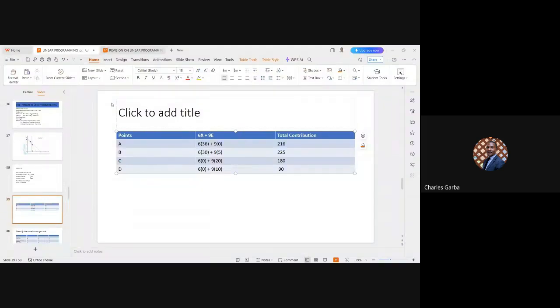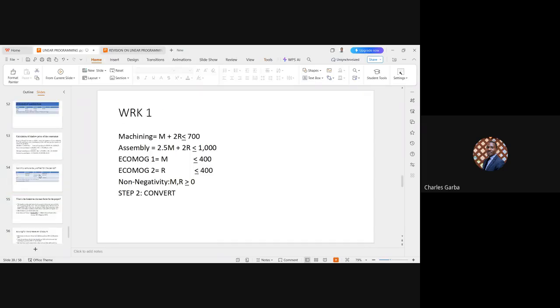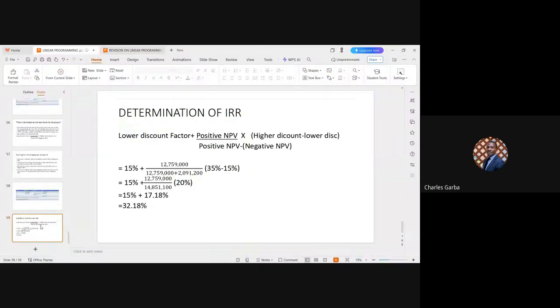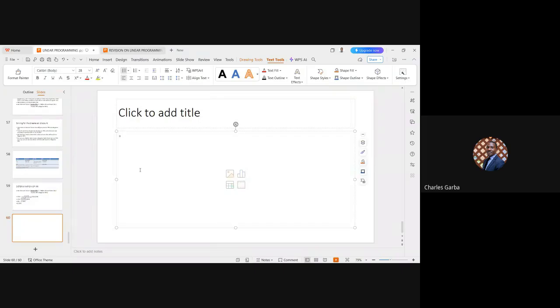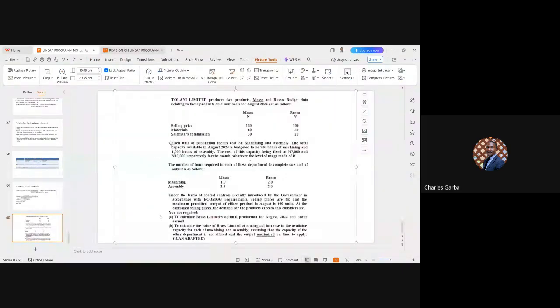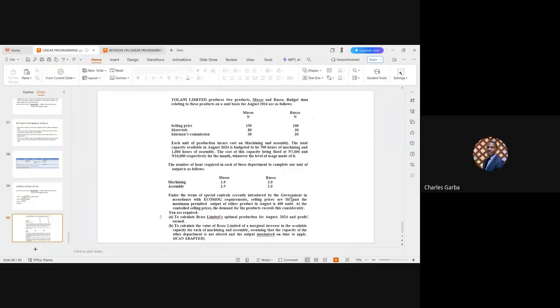The number of hours required in each of these departments to complete one unit of output is as follows, for Meso and Russo, the products. Machining: Meso is 1.0 hours, while Russo is 2.0 hours. Assembly: Meso is 2.5, and Russo is 2.0.